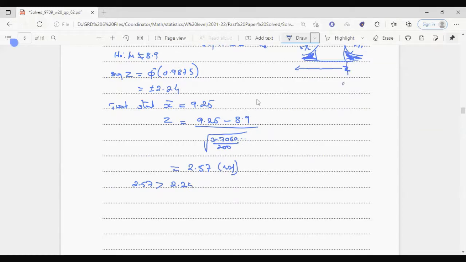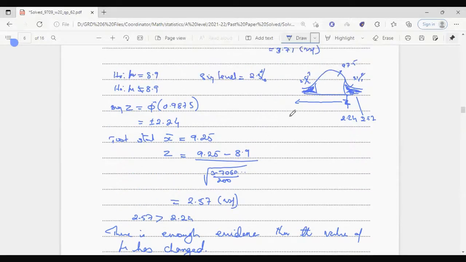So this value is 2.24 on a standard normal distribution, and 2.57 will fall to the right of 2.24, which means that it is falling in the rejection region, and hence we can write that there is enough evidence that the value of mu has changed.